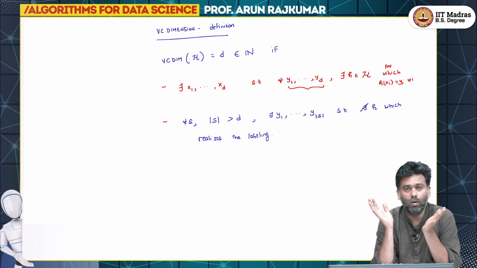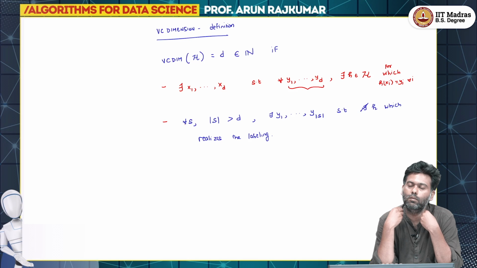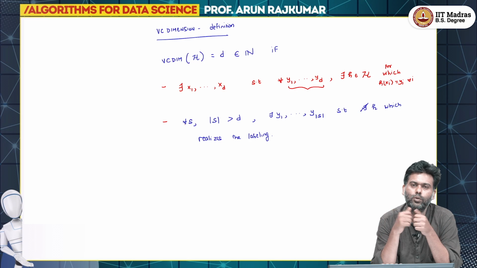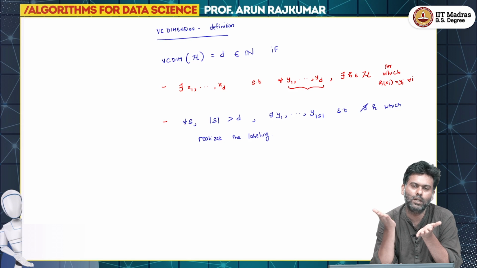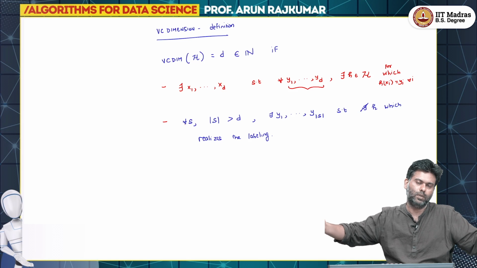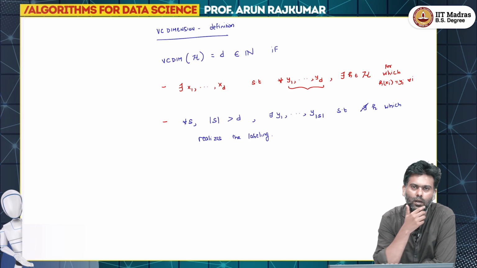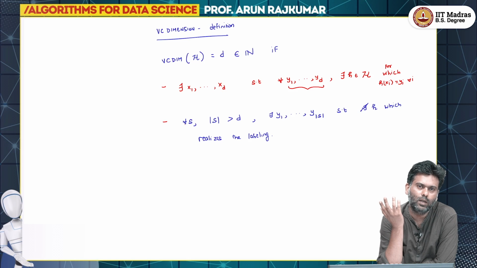If you have all classifiers, then you do not really have to worry so much. You can produce any set of data points. No matter what labels I give you, you will have a classifier which labels these data points the way that I gave you the labels, because the hypothesis class that we are looking at is so rich that it can map any set of data points to any labels.